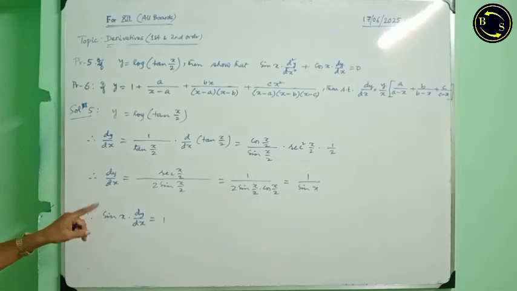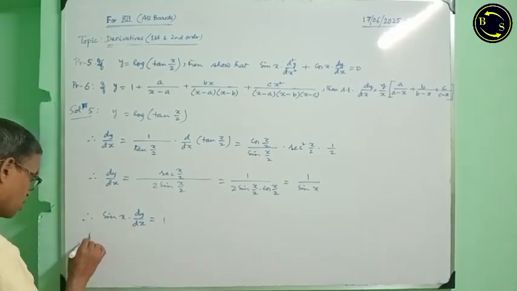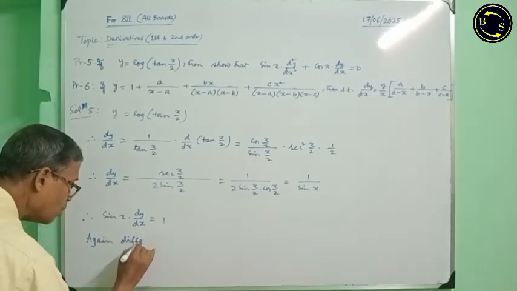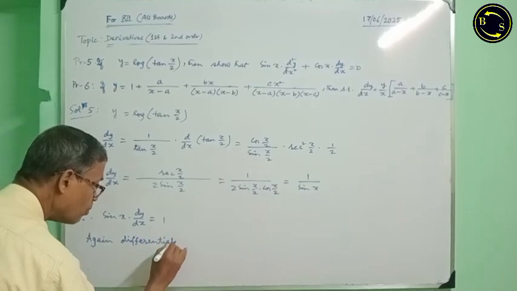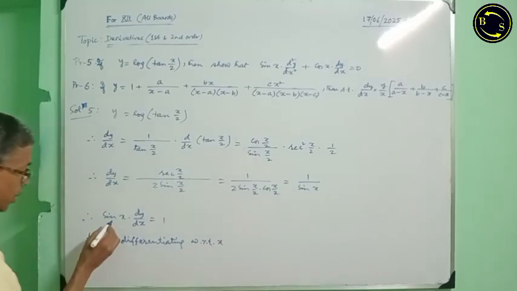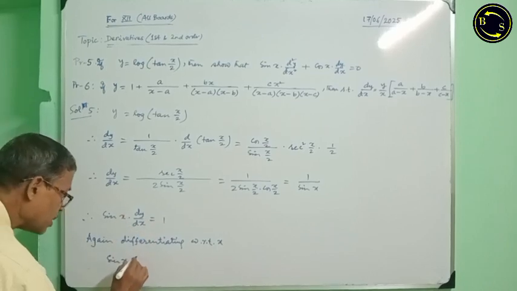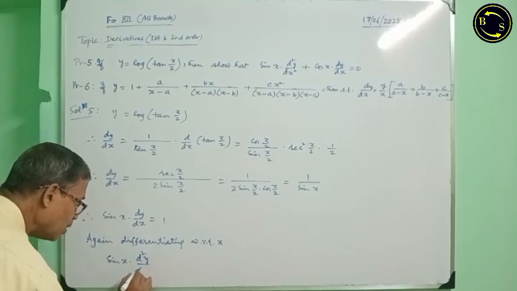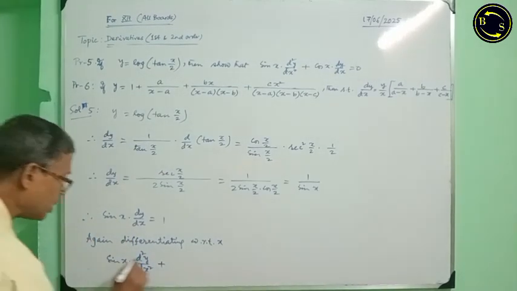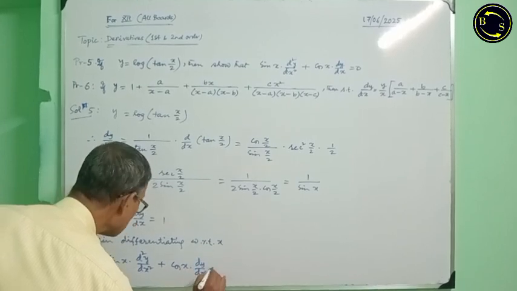After getting dy by dx, that is first order derivative, and after simplifying we get this one, again differentiating with respect to x, u into v form: sin x into derivative of dy by dx, that means d2y by dx2, plus derivative of sin x, that is cos x into dy by dx, that is equal to 0.